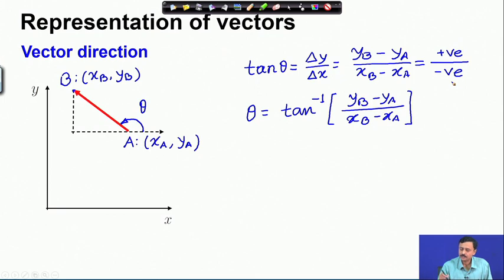So, as you know, tan theta is sin theta by cosine theta. So, sin theta is positive in the second quadrant, while cos theta is negative in the second quadrant. That is why with this vector that I have shown, the numerator is positive while the denominator is negative.